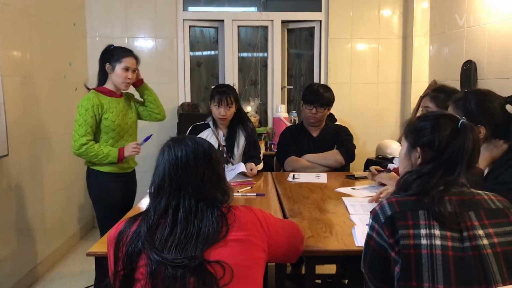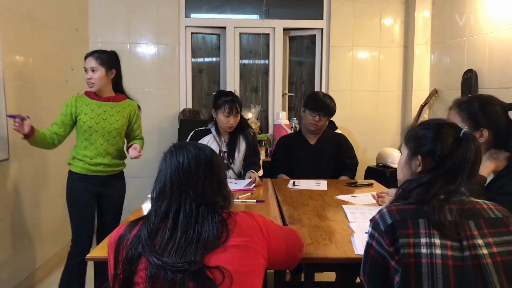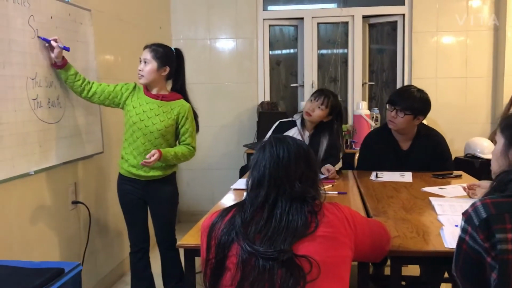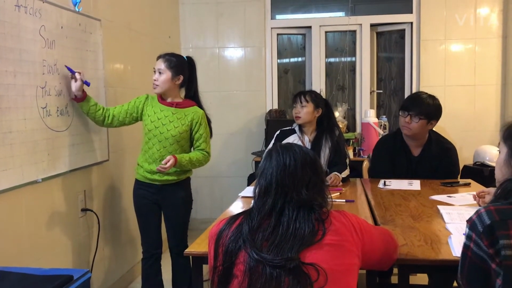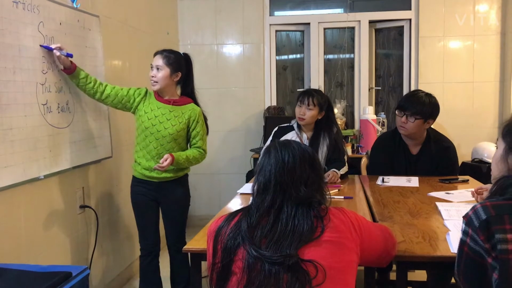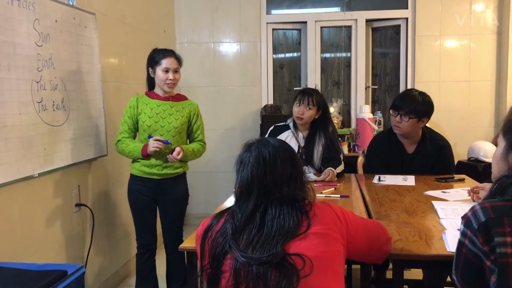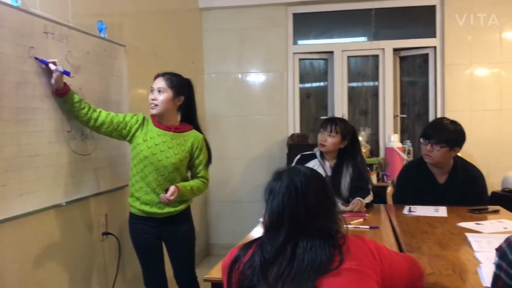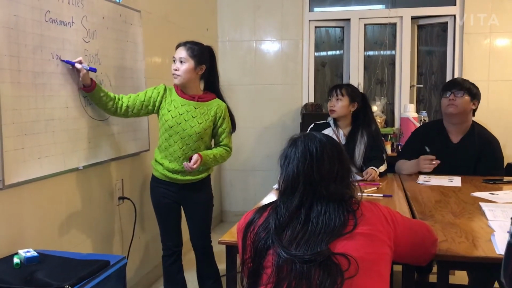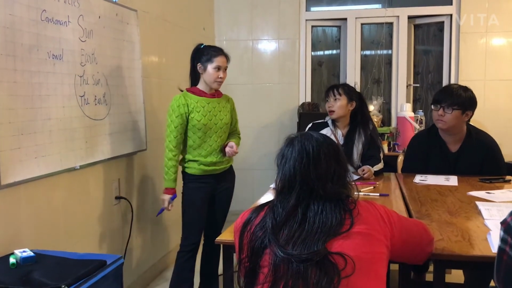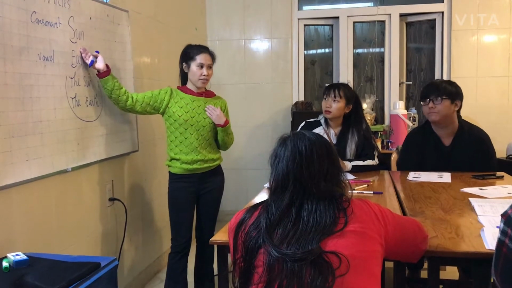Who can tell me why? Let's guess. Look at sun and earth. S is a consonant, right? And E is a vowel. And I say "thuh sun" and "thee earth".